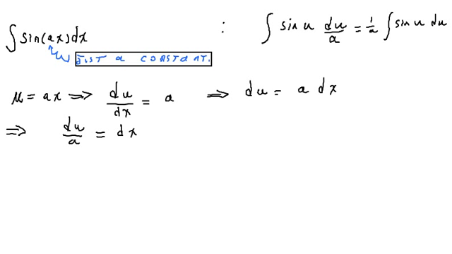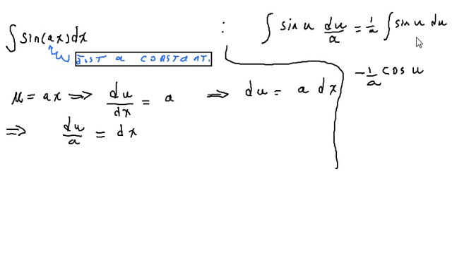Now, the antiderivative of this is just going to be equal to negative 1 over a cosine of u, plus c, because I'm dealing with an indefinite integral, plus a constant c.